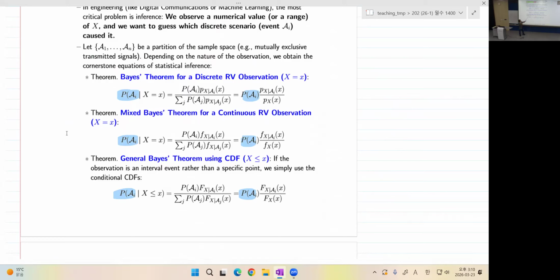So the left-hand side summed over all i must be 1, which means that this numerator summed over all i must be divided by itself to become 1. That's why you have this denominator. Same thing again here and there. Got it?